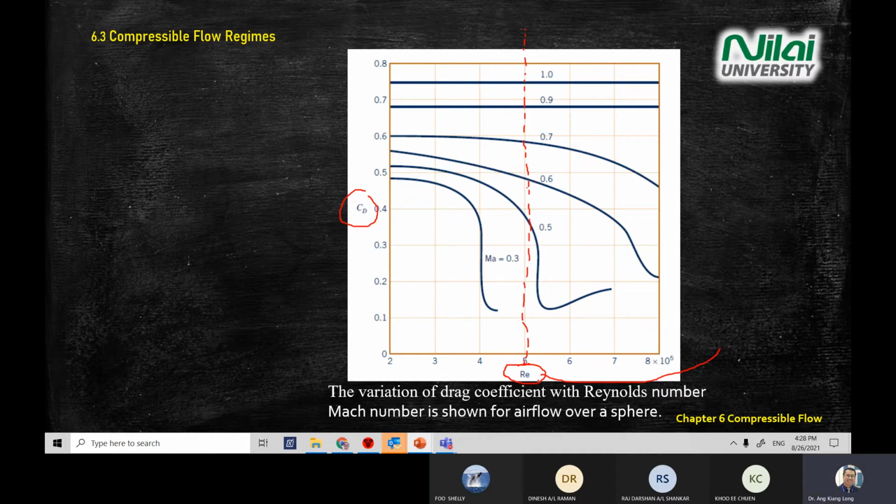What happened if you increase the Mach number?